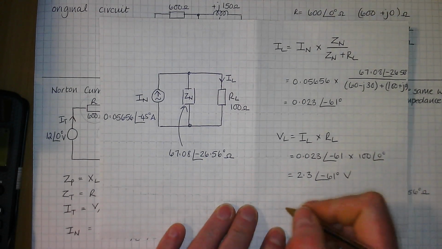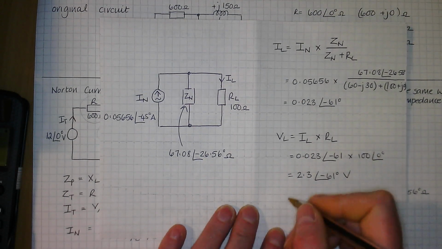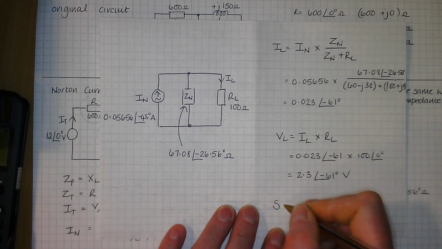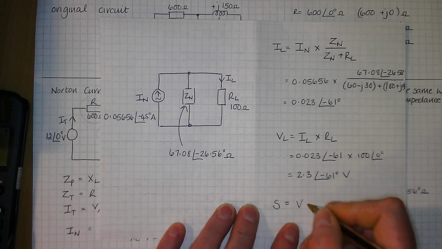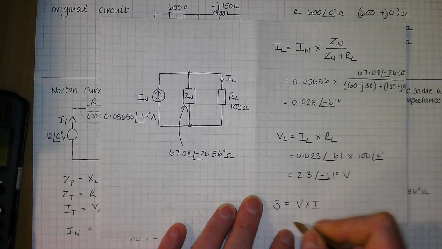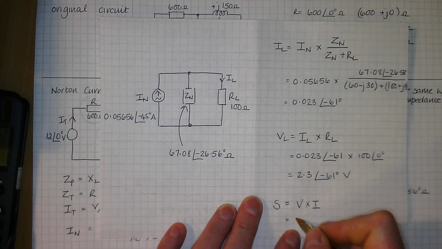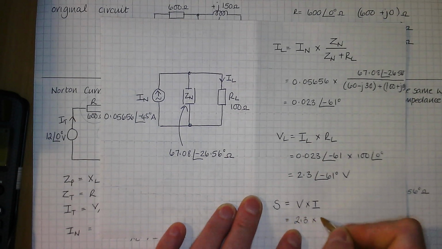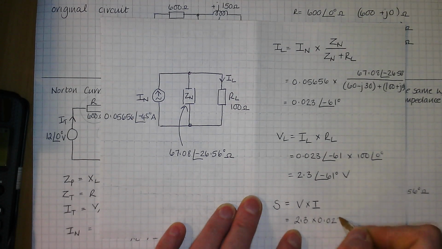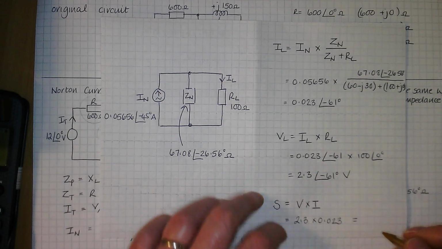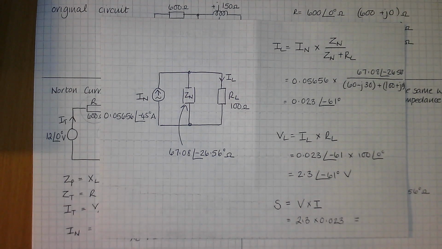That's fine. And then if you remember last week, I think there was a question where it asked you for S, apparent power. So if you remember, the formula for S is V times I, but you would just use the magnitudes. So if you're doing S, ignore these angles and just do the magnitude of the voltage times the magnitude of the current.